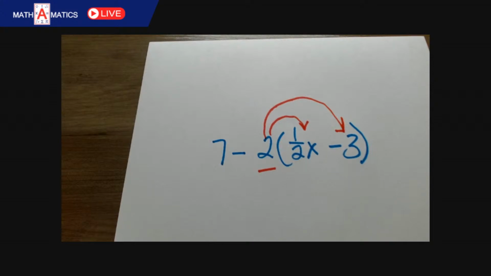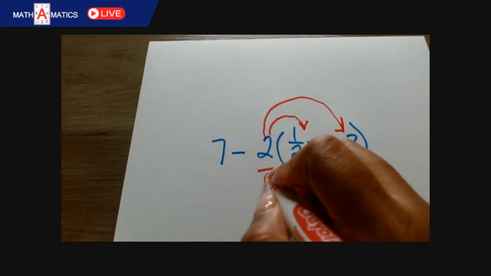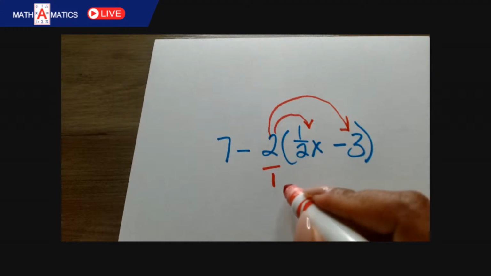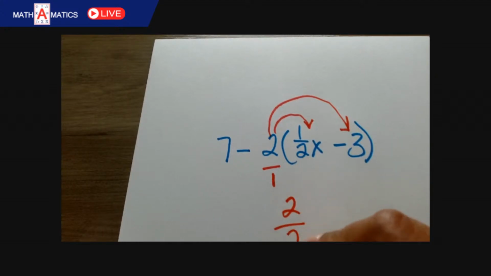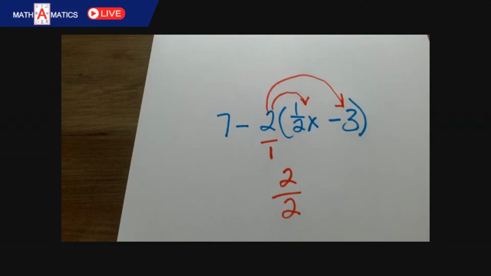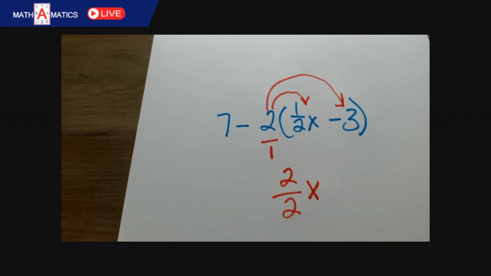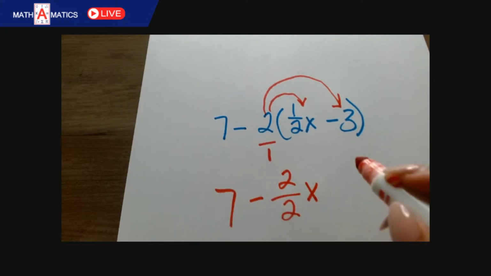Well, we all know that the 2 really has an imaginary 1 underneath there. And then when we multiply fractions, we multiply straight across. So that's really 2 over 2, which we also know we can reduce to 1. But I'm just going to leave it as 2 over 2x for right now. And we'll reduce it on my next step.